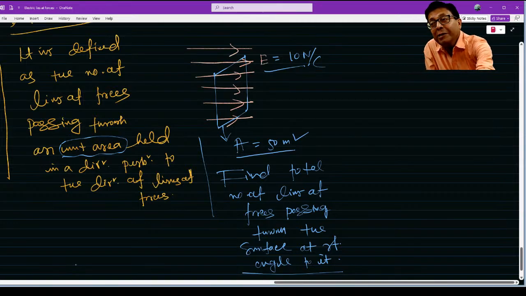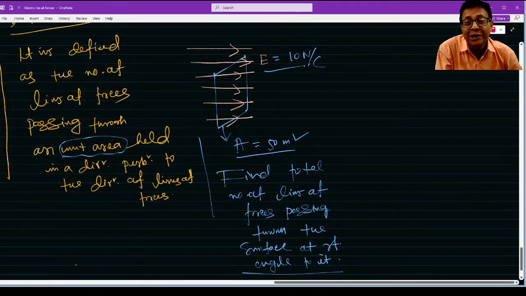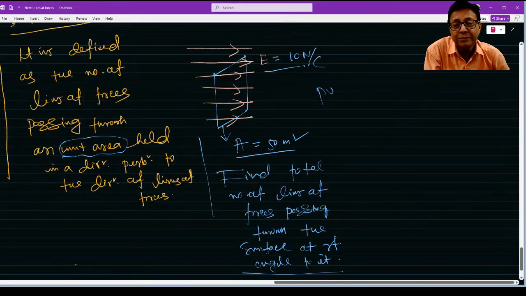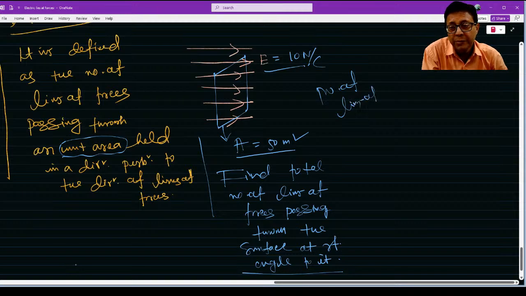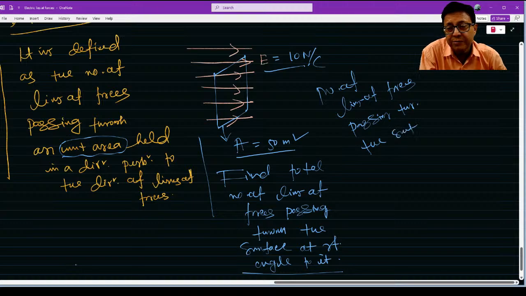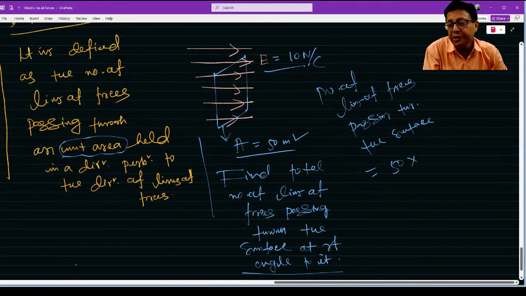But it is 50 meters square. So how many lines of forces will pass? Number of lines of forces passing through the surface is equal to 50 into 10. That is 500.